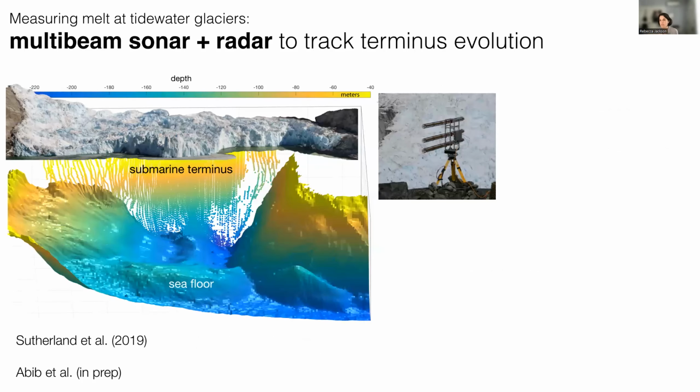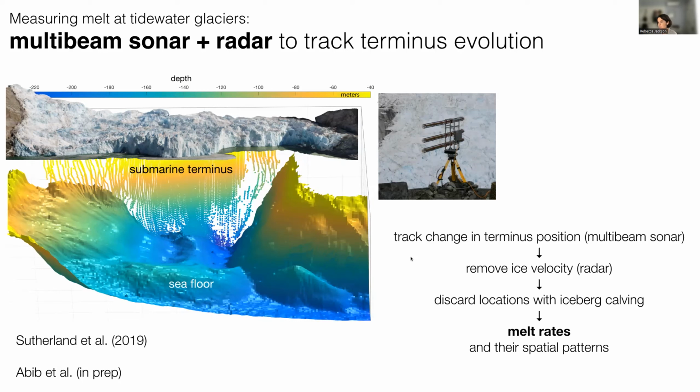Okay, so the second approach I want to mention is a new method developed by Dave Sutherland in this 2019 paper, and being further applied by Nicole Abib in some of her ongoing work. And these are arguably the first direct measurements of submarine melt at a tidewater glacier. And the idea is that using multi-beam sonar, the change in the terminus position can be tracked.